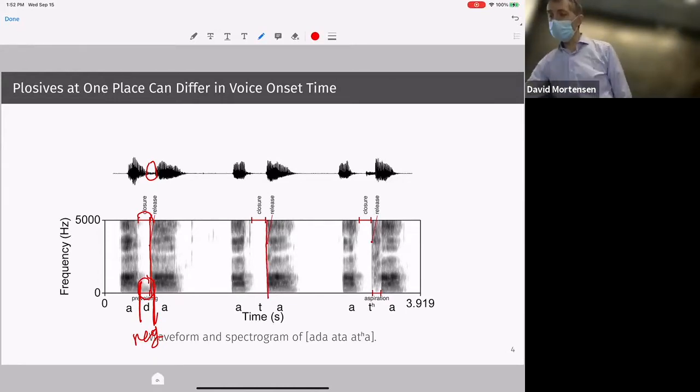And maybe you can see a tiny bit of voicing before the release, but basically the voicing and the release are starting at the same time. So we say this one has zero voice onset time, or it's voiceless. So this negative one is voiced. This one is voiceless.